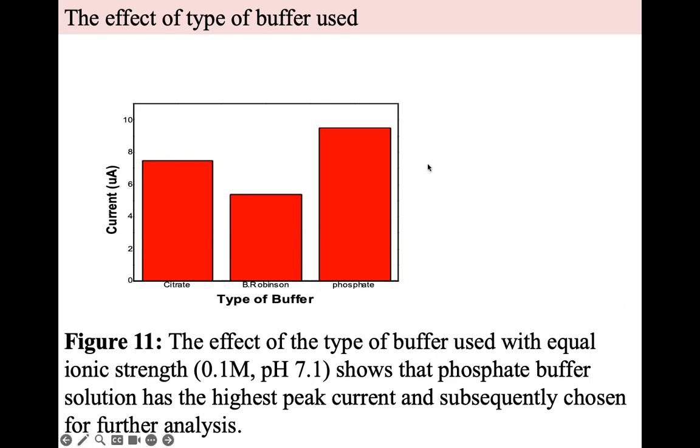From my point of view, you don't need to have a bar chart because it's just 3 buffers, and you can present it in text form, which is much more presentable, and you can do the analysis much better. So this is not needed.